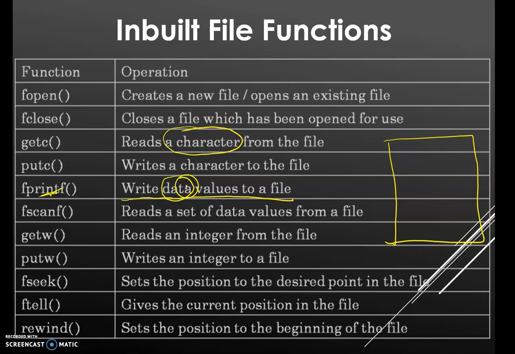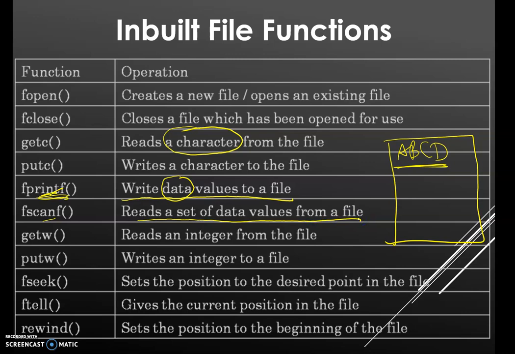So if I want to write data values to a file, let's say I want to write A, B, C, D continuously, I'm not talking about single characters, but a bunch of data, I can use fprintf. And what does fscanf do? It reads a set of data values from the file.